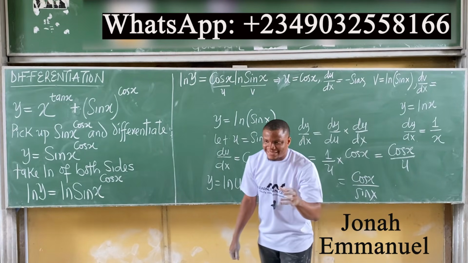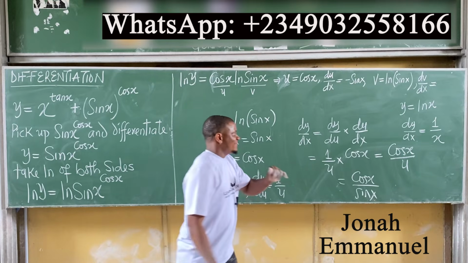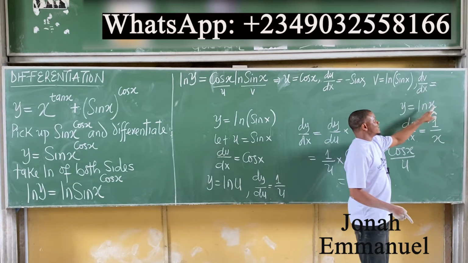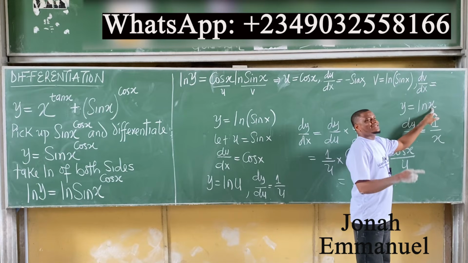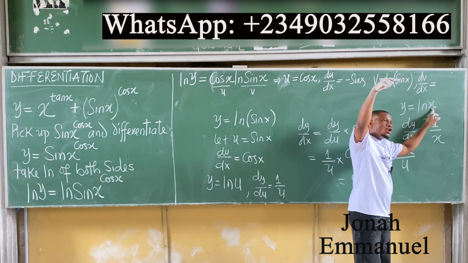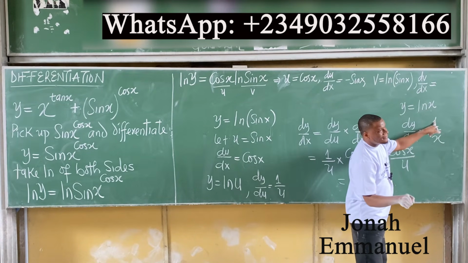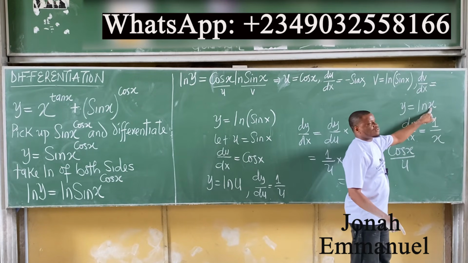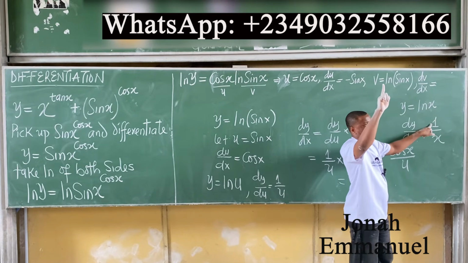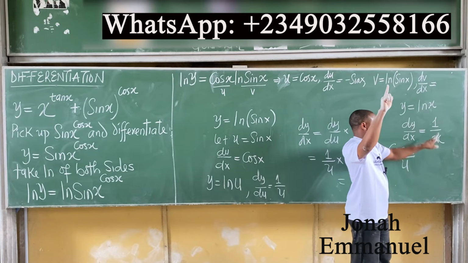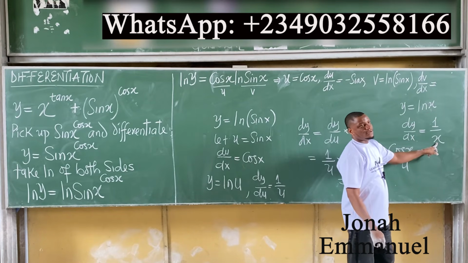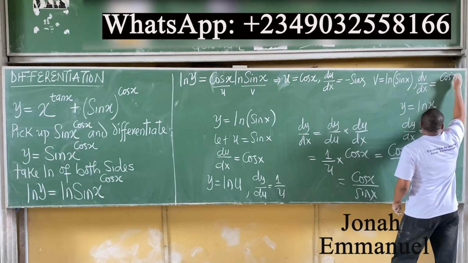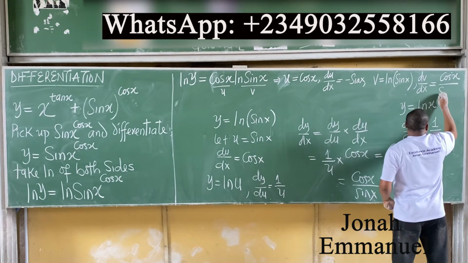Here is the comprehensive idea behind it: if I'm differentiating a ln term, all you have to do is differentiate that term and take it as the numerator, all over, repeat that term as the denominator. Differentiate x, you get 1 as numerator, all over x. So in this case, differentiate sine x, you get cos x, all over, repeat it.